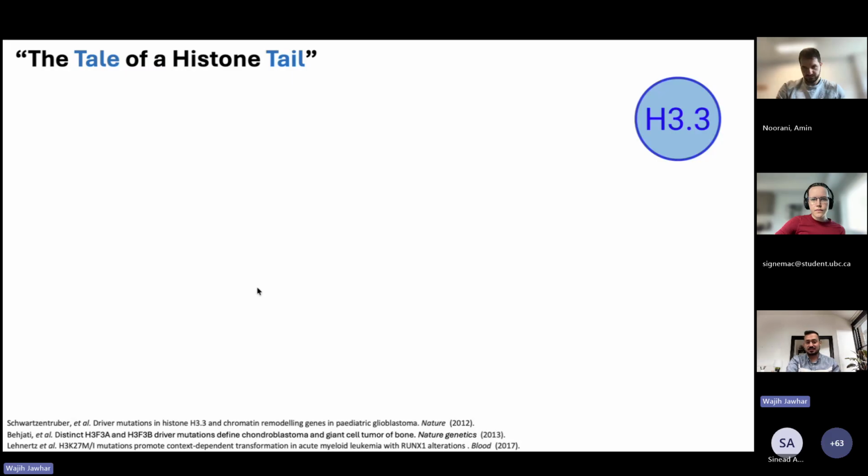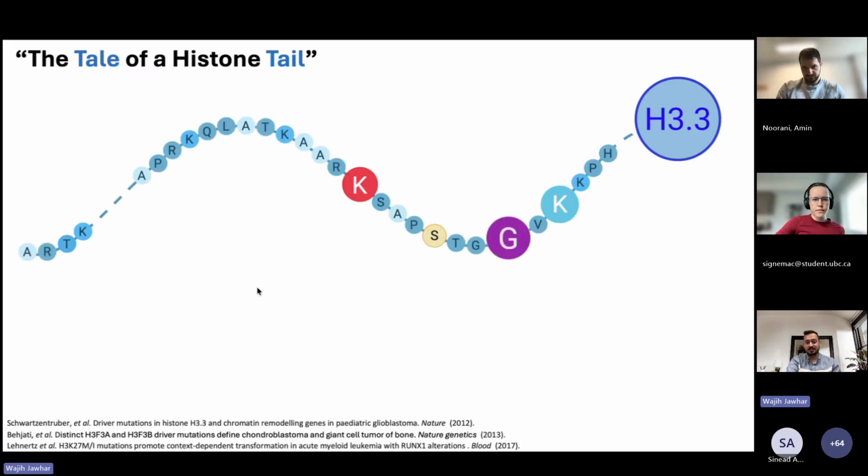and disease. It taught us about the tail of the histone tail and how every amino acid matters, whether this amino acid undergoes post-translational modifications or PTMs, such as lysine 27, or is not chemically modified, such as glycine 34.